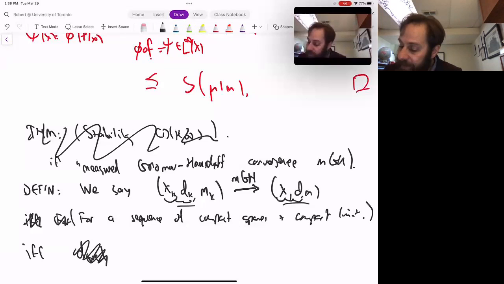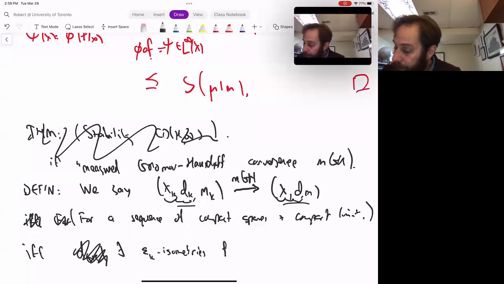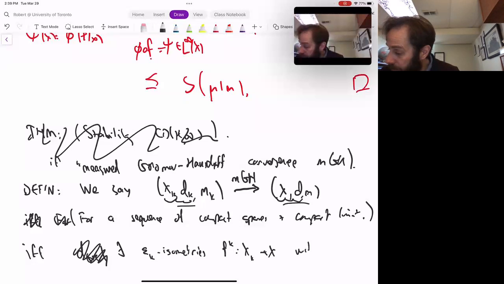One way of saying that is there exist epsilon_k isometries f_k taking X_k into X, with the limit as k goes to infinity of epsilon_k being 0.